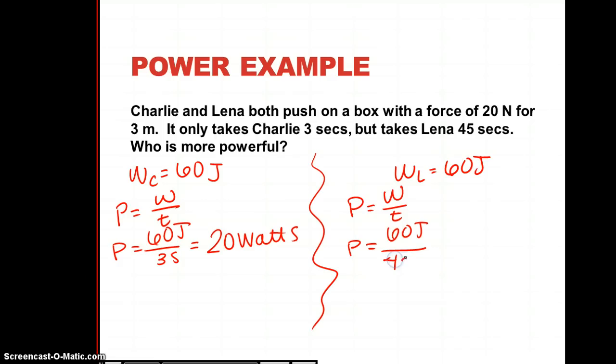The time is 45 seconds. And so Lena only has a power of 1.33 watts. Now we can see a difference between the two of them based on the fact that one took more time to do the same amount of work. Charlie is going to be much more powerful.